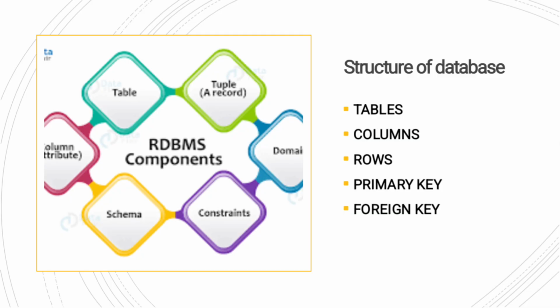And now come to primary key. Primary key is a special column that uniquely identifies each row. Like your admission number or your roll number is a primary key. And foreign key is a column that links one table to another. Means foreign key is used to create a relationship between two tables.